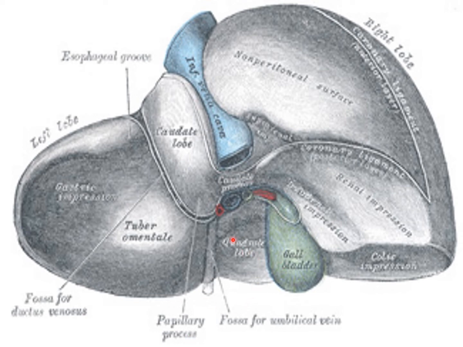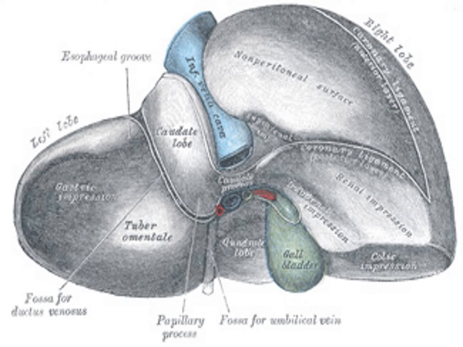This is the quadrate lobe which is present here. On one side we have the fossa for the gallbladder. If we remove the gallbladder, we can see the fossa for the gallbladder, and on the other side we have the obliterated left umbilical vein, ligamentum teres hepatis. This is the quadrate lobe.